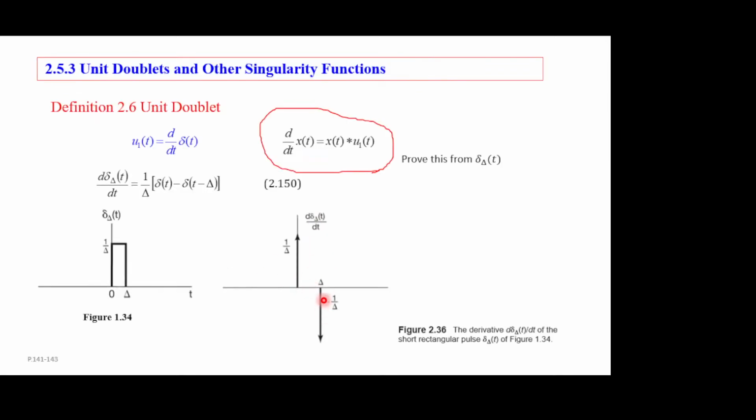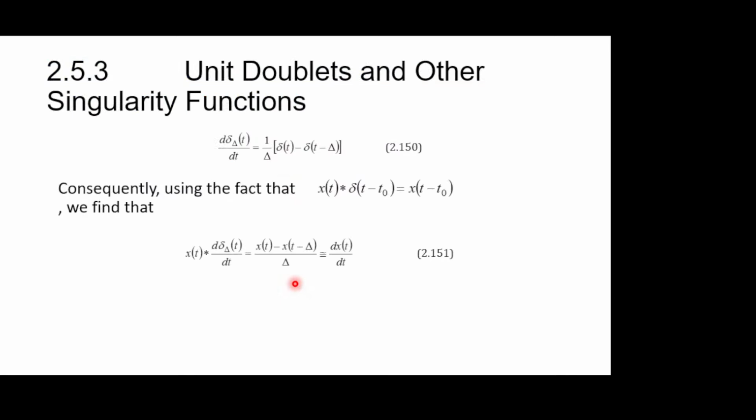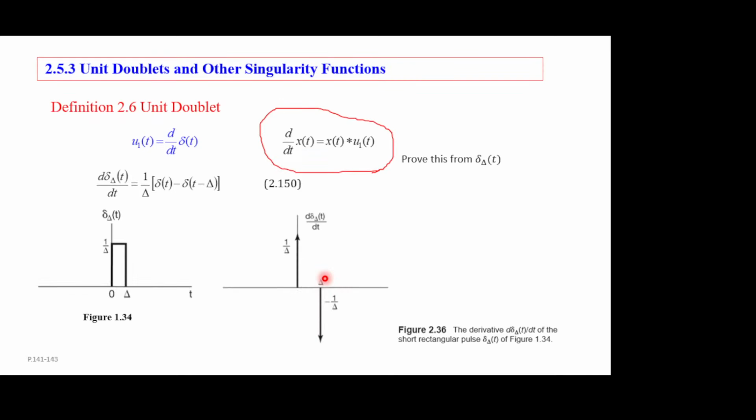So those two spikes will give you x of t minus x of t minus delta, and then the 1 over delta here carries over. So when delta is not equal to 0, this becomes x of t minus x of t minus delta.